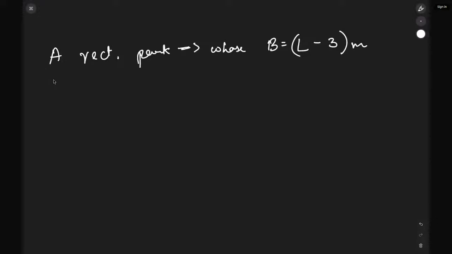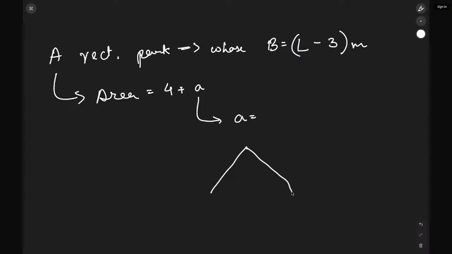The area of this rectangular park is to be 4 square meters more than the area of a park that has already been made. So area is 4 plus a, small a. And what is this small a? This small a is equal to the area of a park that has already been made in the shape of an isosceles triangle. There is an isosceles triangle.